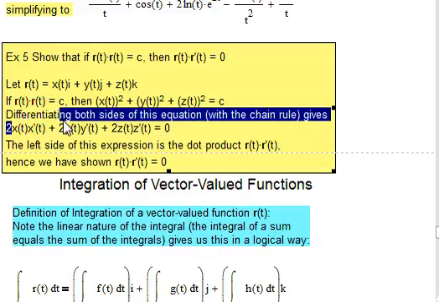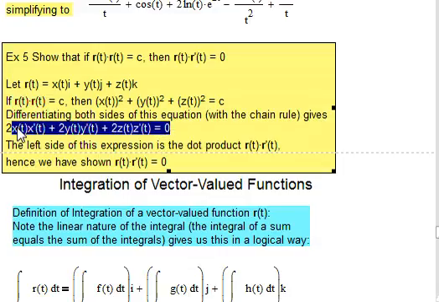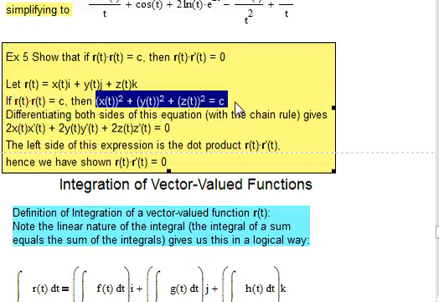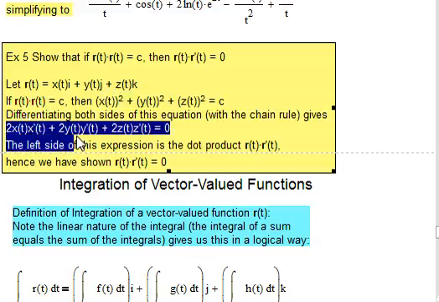And so we have this expression when we differentiate both sides of this dot product. Recalling that the dot product gives us not a vector, but a scalar function, here's that scalar function, and when we take the derivative of it, we get this.